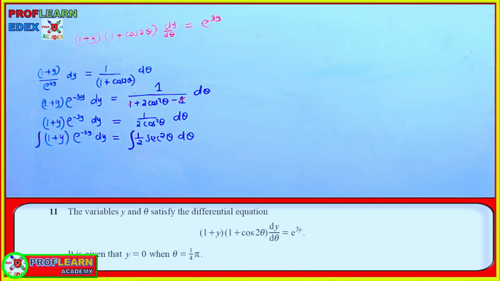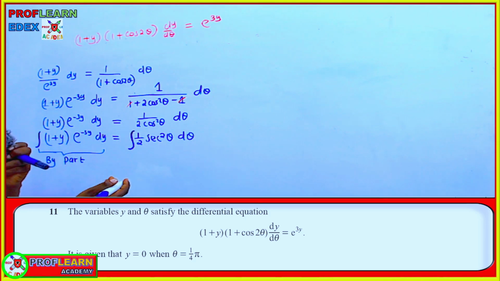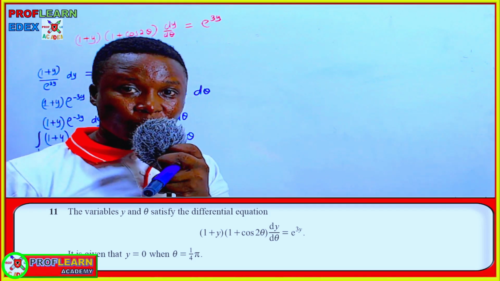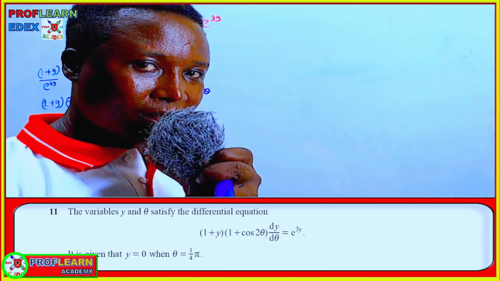Means that I can try to integrate this, because if I look at this, I'll integrate by parts. But this one, we can integrate it directly, because we're going to factor the half out, and then we integrate sec squared theta. We know the integral of sec squared theta is actually tan theta.